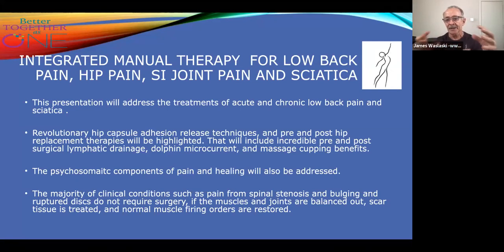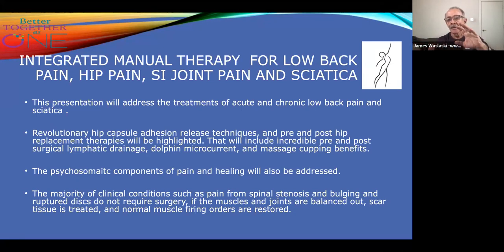So now I'm integrating what we do best as massage therapists, which is releasing tight muscles and activating and strengthening weak muscles to create balance around joints, and combining it with what the chiropractor would do, which is get the bones lined up.